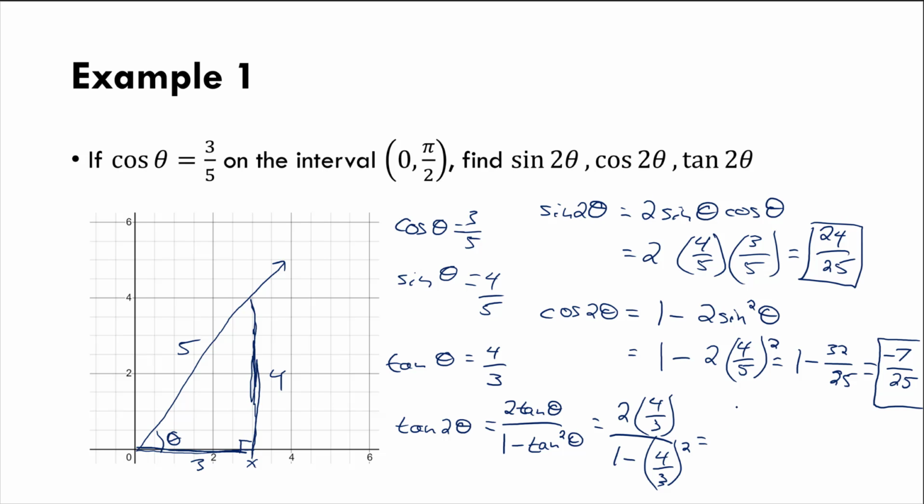So it's going to give us 8 over 3 in my numerator, and this will give me 1 minus 16 over 9, which is going to give me a negative 7 over 9 in my denominator. So we can say that this is equal to 8 over 3 multiplying by negative 9 over 7, and that's going to give us a tangent of 2 theta of negative 24 over 7.